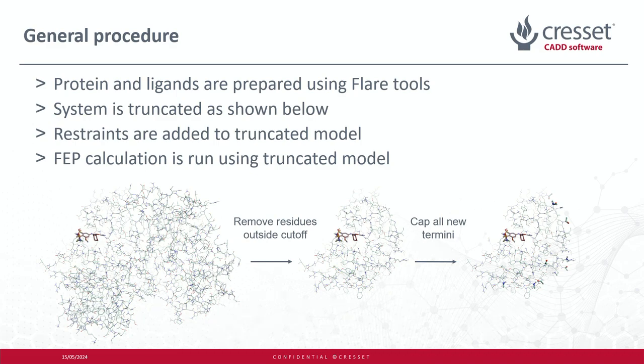So you remove all of the residues outside of that spherical cutoff. After you've done that, you cap all of the new termini that you've introduced with neutral capping groups. Then you add some sort of restraining scheme, which I'll discuss in the next few slides. And then you run your FEP calculation as normal.